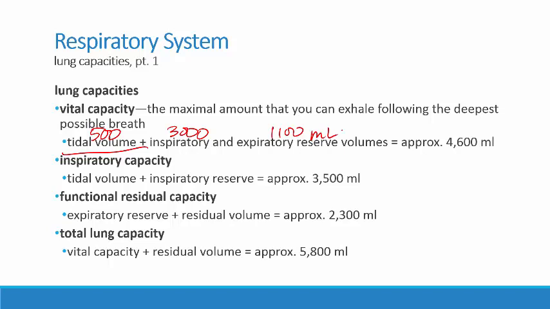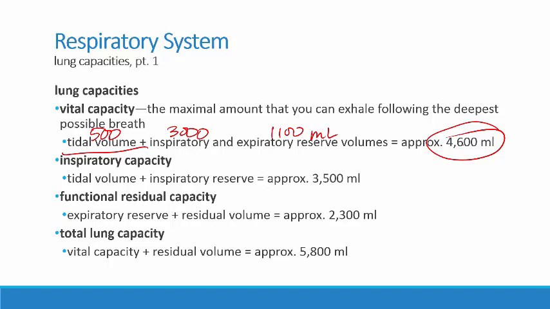So you add all three of these together, 3,000 plus 1,100 is 4,100, plus 500 is 4,600 milliliters, or almost 4.5 to 5 liters is what we're talking about as the vital capacity. The total amount that you can draw into the lungs and then squeeze it all out again.